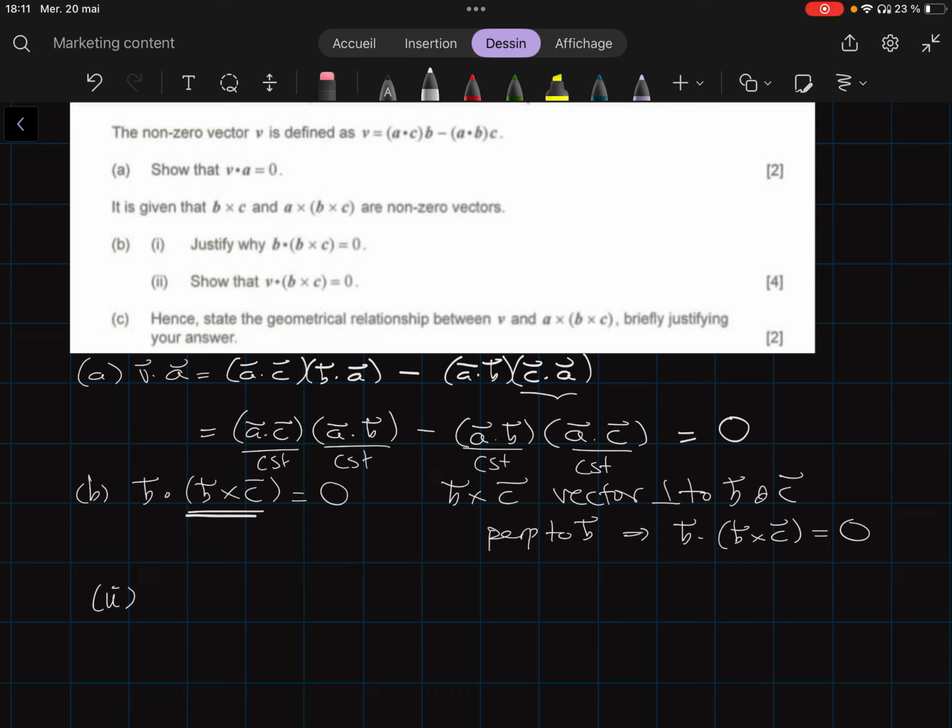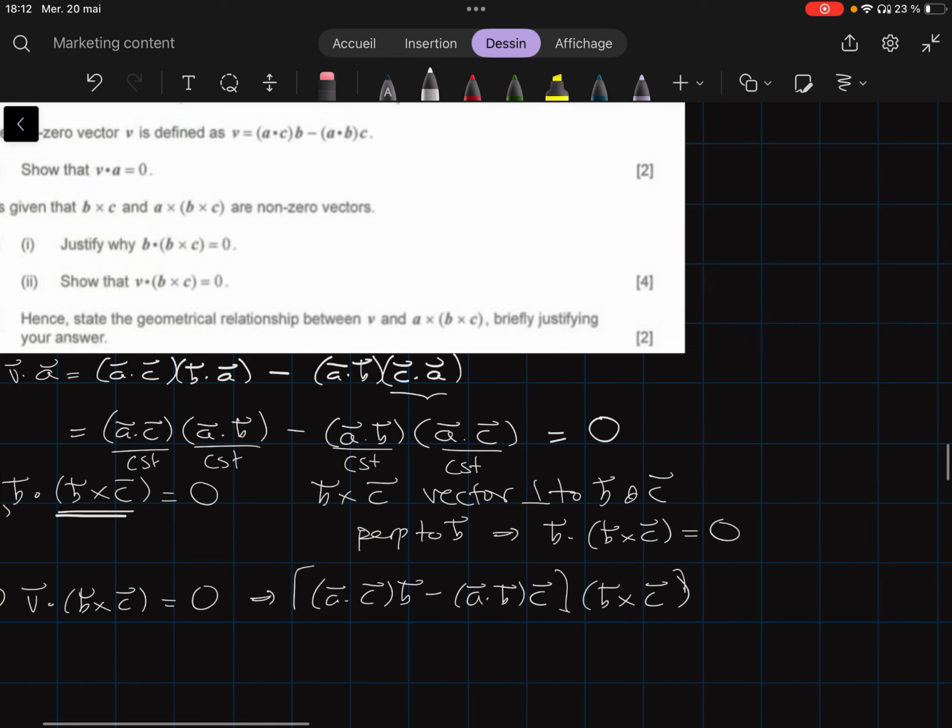Second part. Show that phi dot B cross C is also equal to 0. Okay, I'm going to substitute V in. Then I am going to split up.